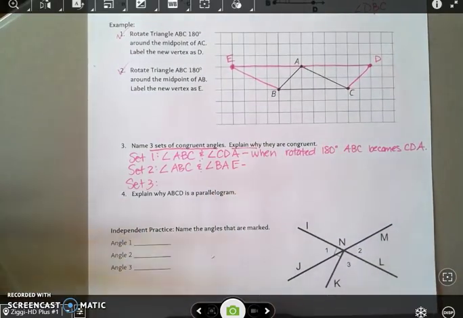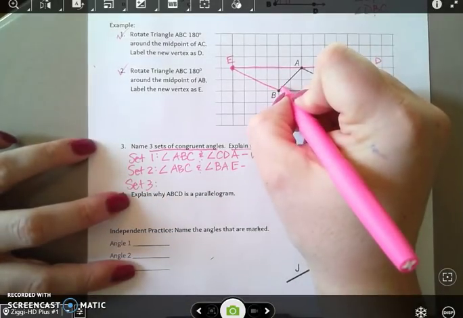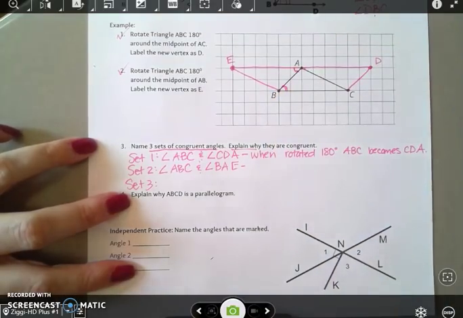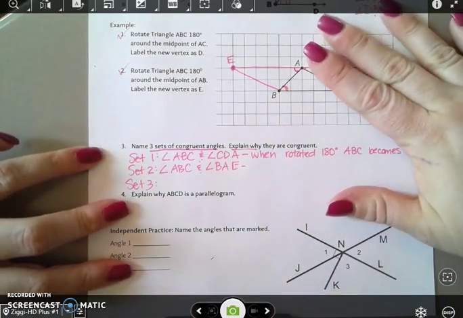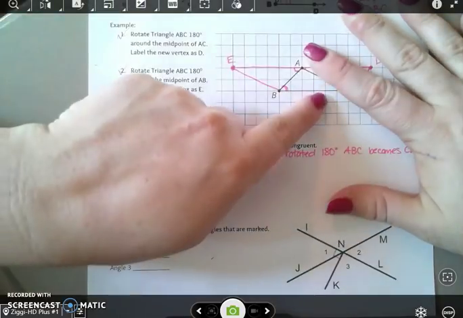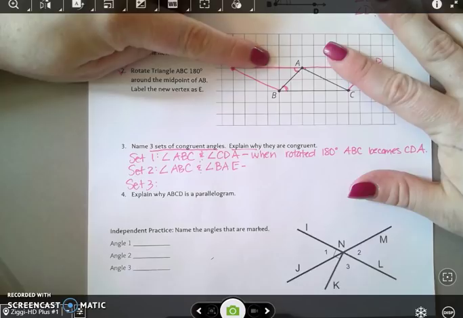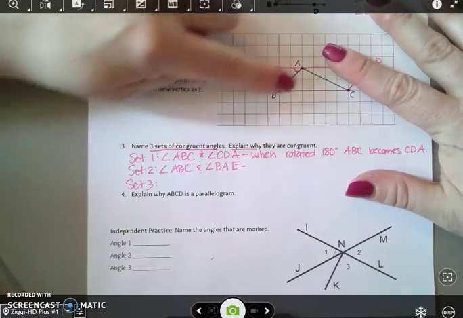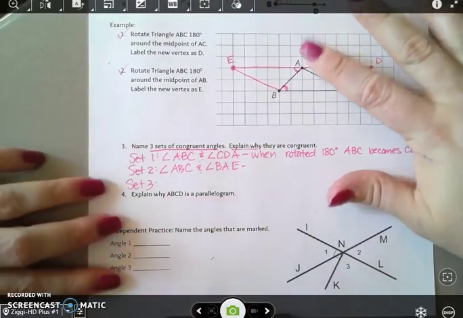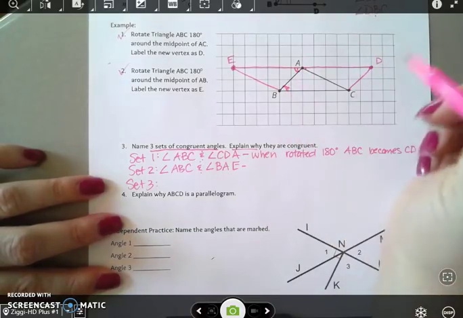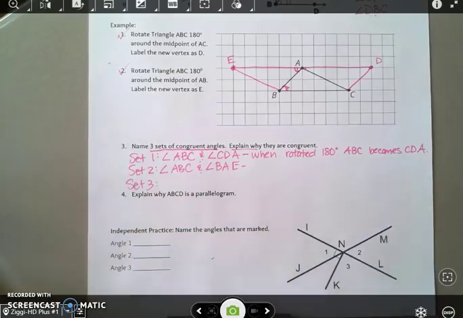Now, our explanation can be a little bit different here because we're talking about this angle and this angle. If I cover this up, and I know that these top and bottom lines are parallel to each other, then this is a transversal. What do we know about angles that are on opposite sides of the transversal and inside the parallel lines?